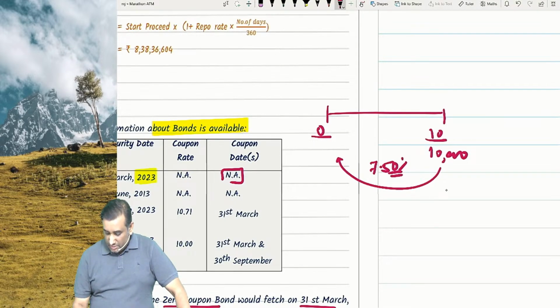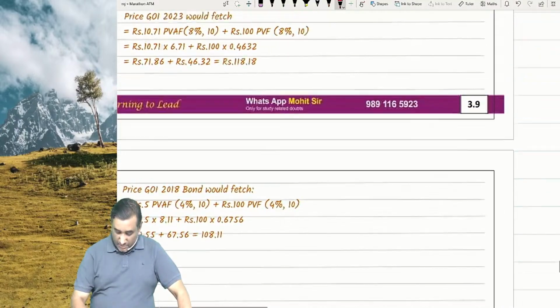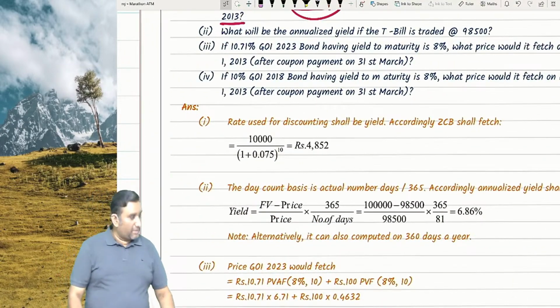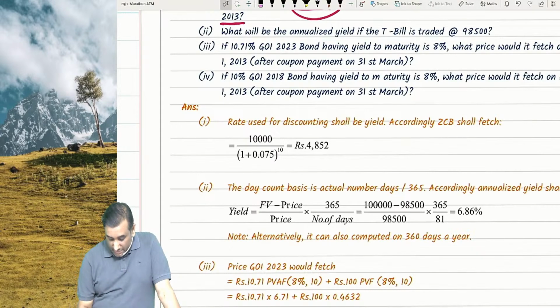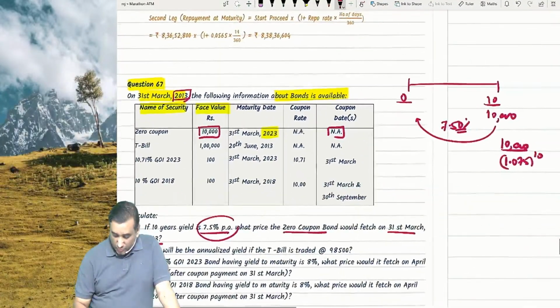Or you can do 10,000 future value, the compound amount, divided by 1.075 to the power 10. That's the first part answer. Single year discounting to be done: 10,000 divided by 1.075 to the power 10. Calculate that. Zero coupon bond, no interest or coupon would come.